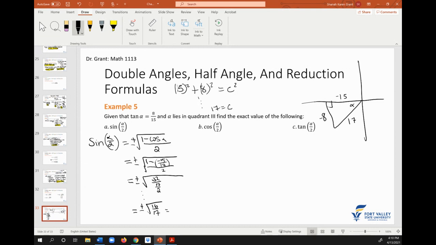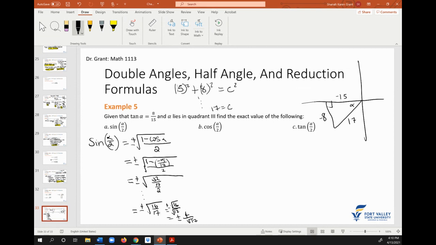We know that if you're taking the square root of a fraction, you can take the square root of the numerator and the denominator separately. So this is really plus or minus 4 over root 17.